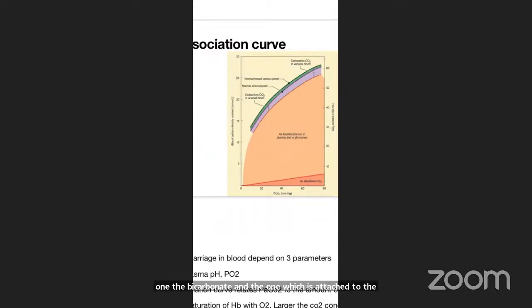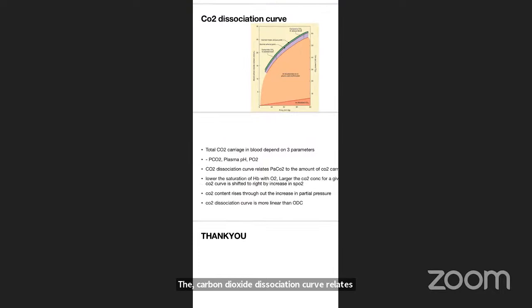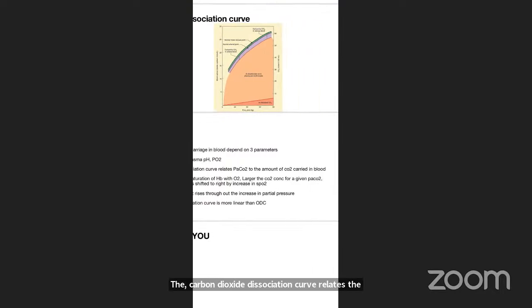So the total carbon dioxide carriage in blood depends on three parameters. One is the partial pressure of carbon dioxide. The other one is the plasma pH level, and then the partial pressure of oxygen. The carbon dioxide dissociation curve relates the partial pressure of carbon dioxide to the amount of carbon dioxide carried in the blood.